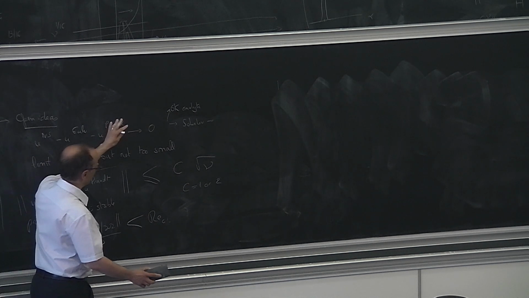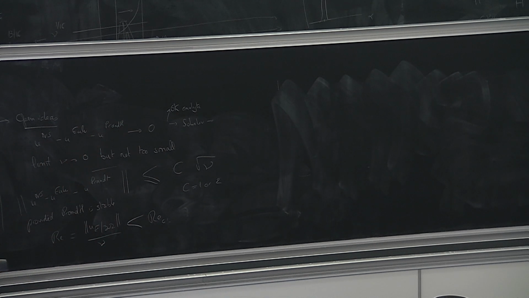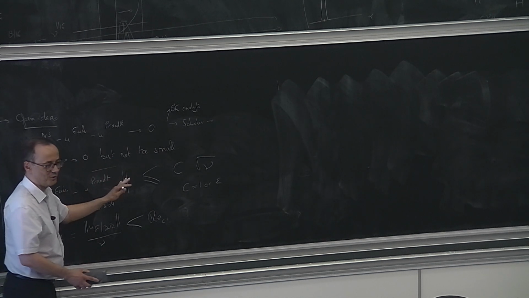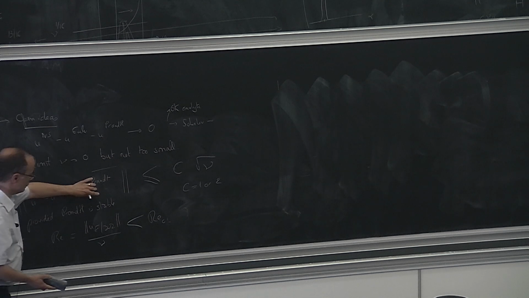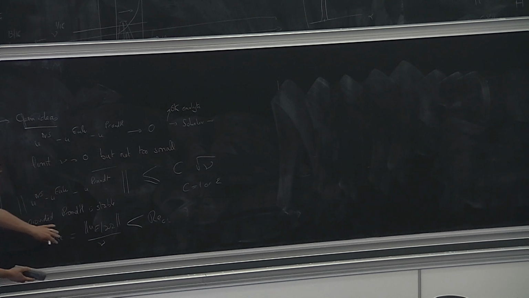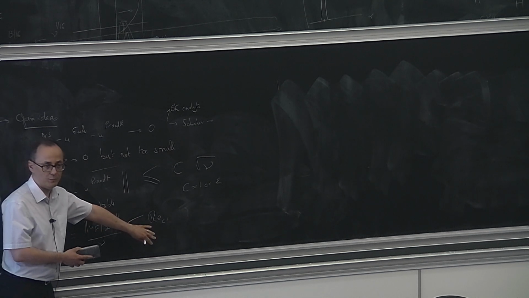Analytic is only small time, so we would like to have something with nu to 0, but not too small, which of course has meaning, except that this and that will be valid provided the Reynolds number in the boundary layer is below some critical number.